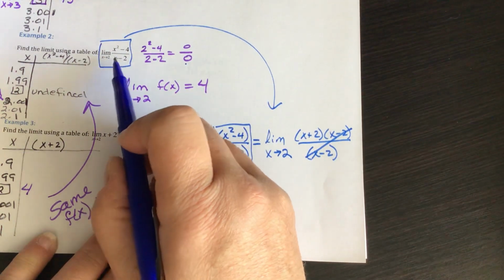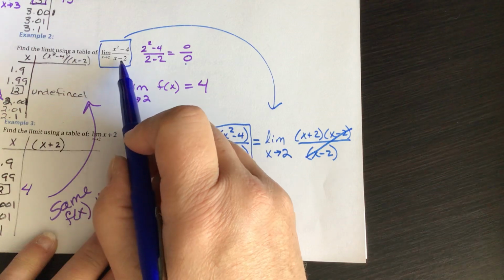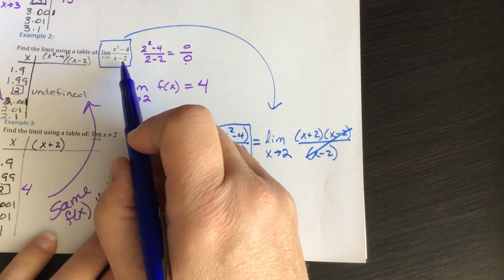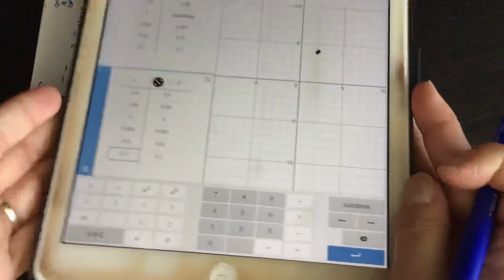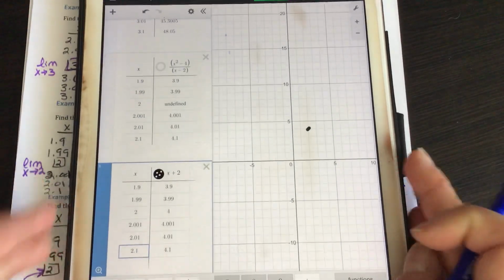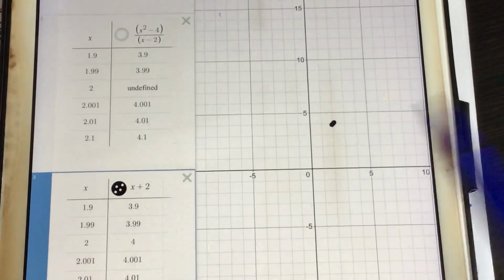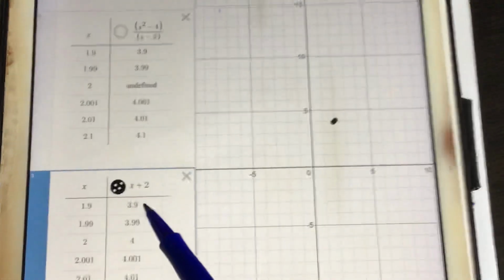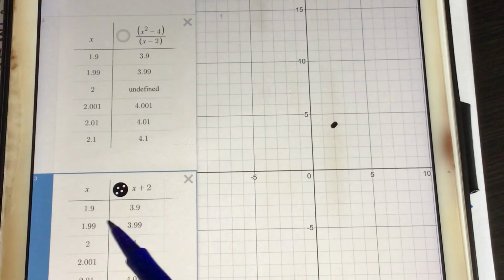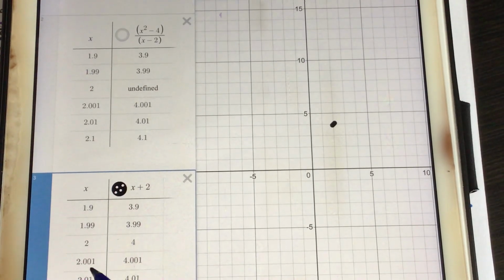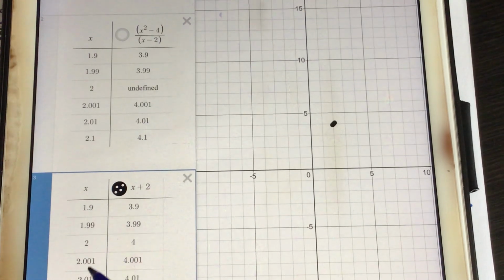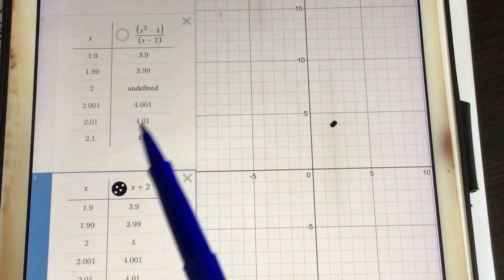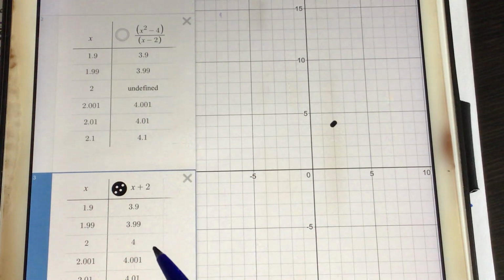So I'm not able to find the limit by just plugging in 2. So that's when we were looking at the tables here, and we were able to see that as x is approaching 2 from either side, from either numbers less than 2 or numbers more than 2, we were getting closer and closer to 4 in both of these instances.